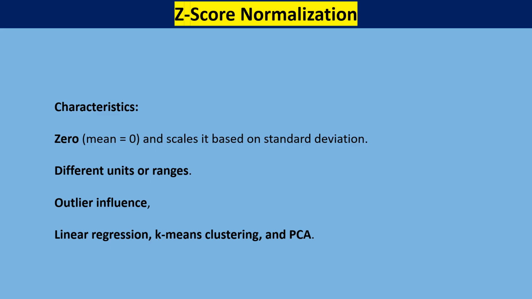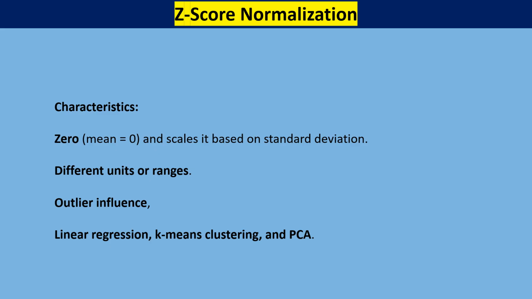Z-score normalization, also called standardization, transforms the data so that its mean becomes zero and standard deviation becomes one. This technique is particularly useful when the dataset contains features with different units of measurement, like height in centimeters versus weight in kilograms. It suits algorithms that assume a Gaussian distribution, like linear regression, PCA, and clustering.